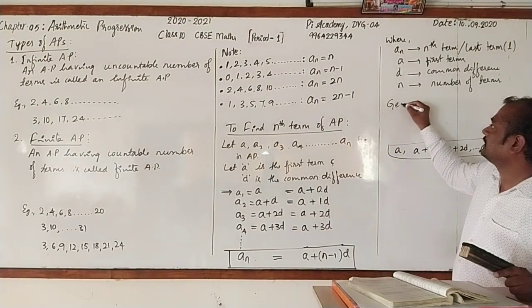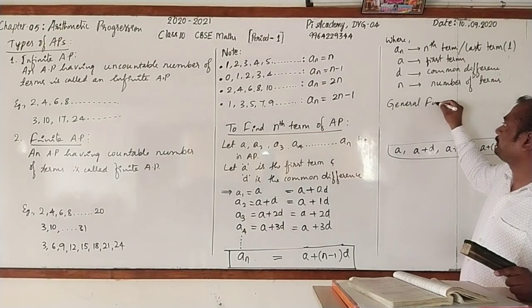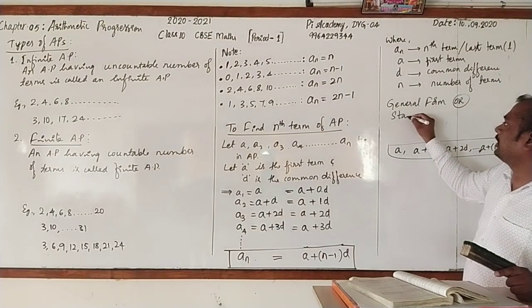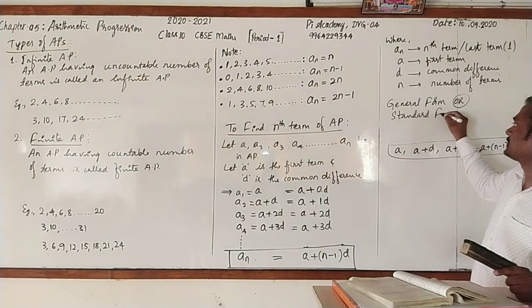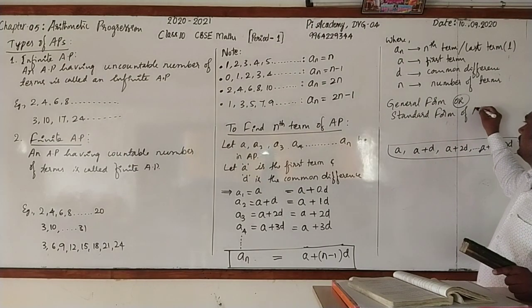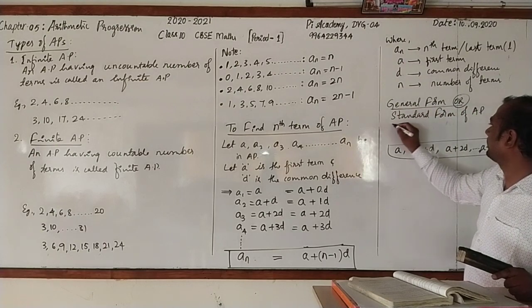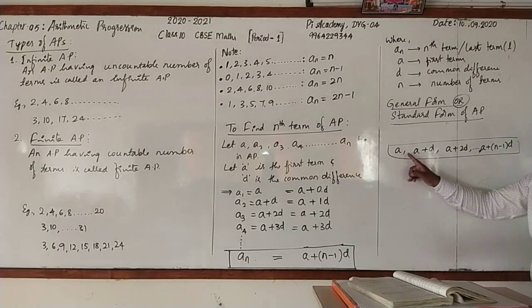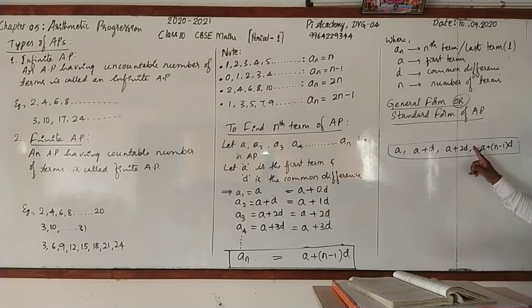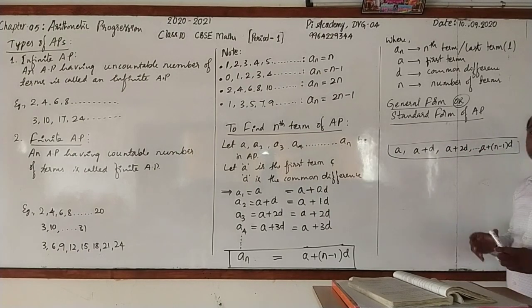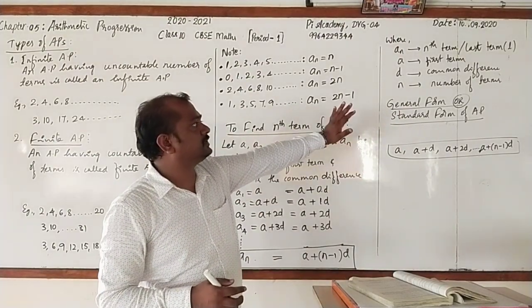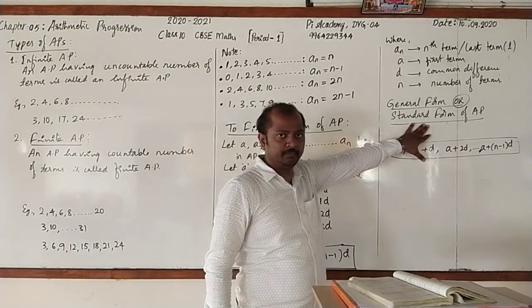Here I write general form or standard form of AP. Once you observe this, here A plus D, A plus 2D and so on, A plus of N minus 1 into D is called the general form of an AP.